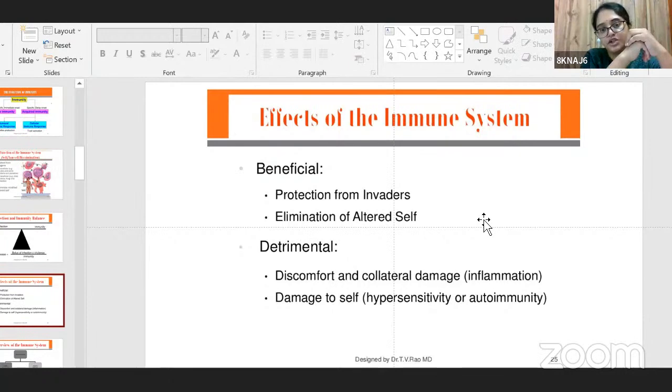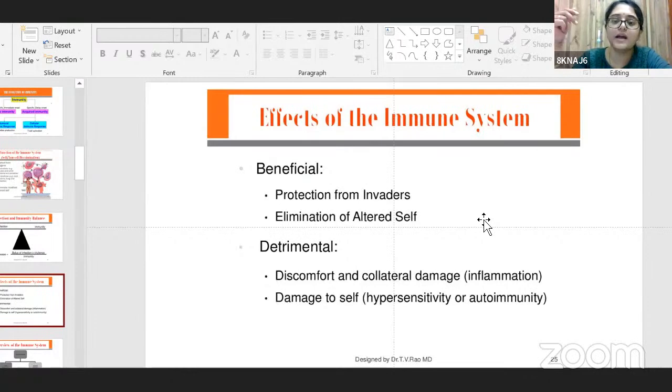And you have damage to self, that is hypersensitivity or autoimmunity. Certain diseases: farmer's lung, rheumatoid arthritis, and systemic lupus erythematosus.